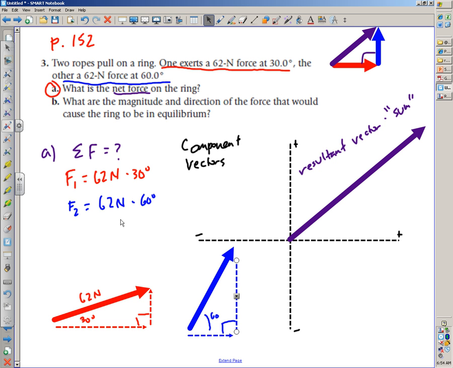And in the problem, it was given to us that that blue force is 62 newtons as well. Now we've got two right triangles where we know the hypotenuse, we know one of the angles, and we can figure out the other two sides using our sine and cosine trig identities. So why don't you do that now?